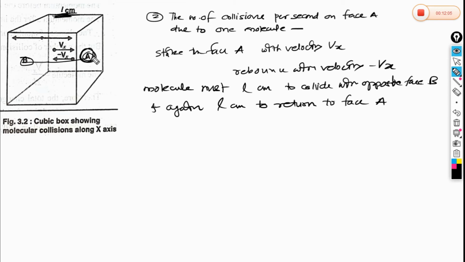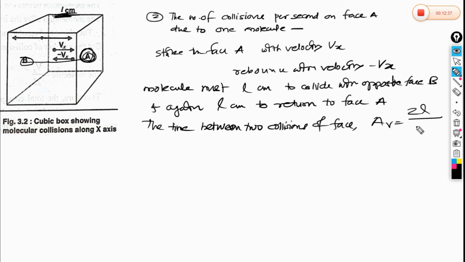Okay, so therefore the time between two collisions of face A is equal to 2L divided by Vx seconds.